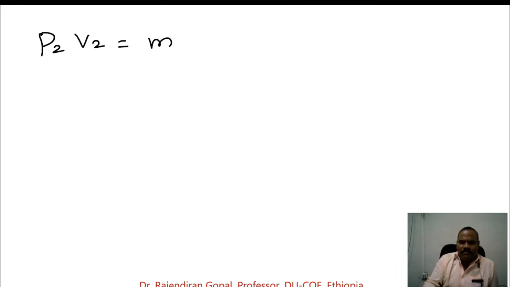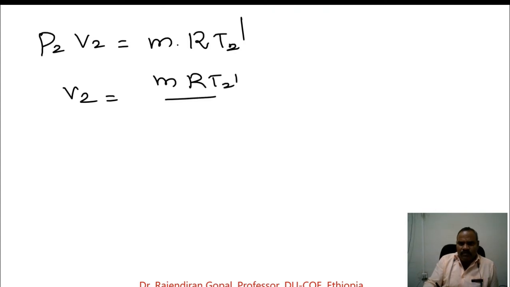We know the ideal gas relation, that is P2 V2 is equal to m R T2 dash. So V2 is equal to m R T2 dash over P2. That is equal to mass flow rate, that is 0.234 kg per second.